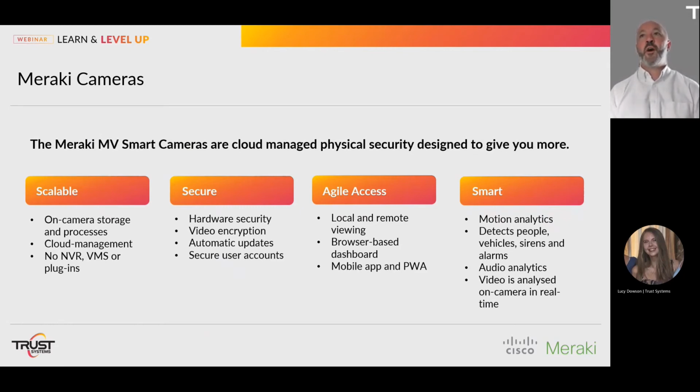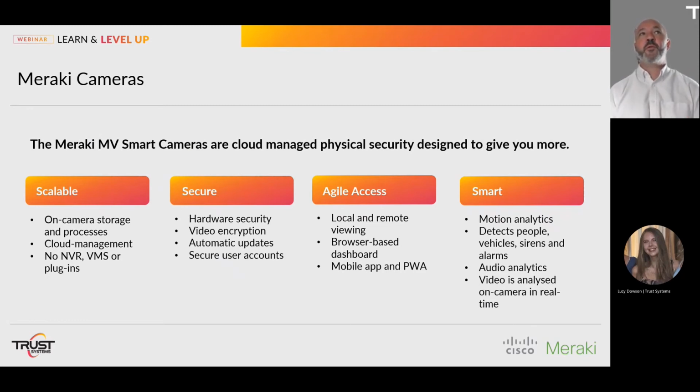Through the smart technology within the cameras, you can access that remotely through any camera within your estate. You can gain alerts real time, and you can use the motion analytics to detect and pinpoint when an event has happened within your estate, really speeding up that process of having to spool through hours and hours of film, where here you'll get event logs that you can then access real time to see the event.